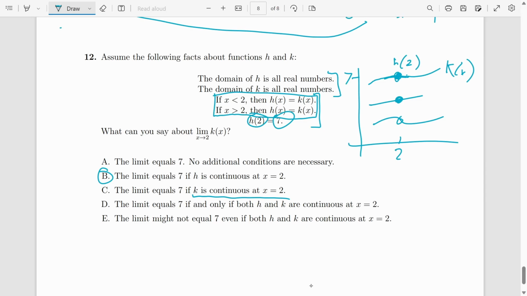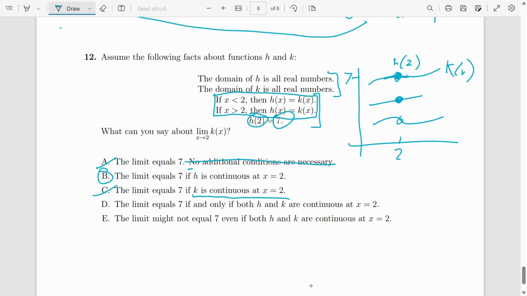The other ones are not the case either. A says no other conditions are necessary, so we proved that wasn't true. C, we said the limit equals 7 if and only if both h and k are continuous. Well, that's true, that would end up equaling 7 every time, but that's stating more information than we need.